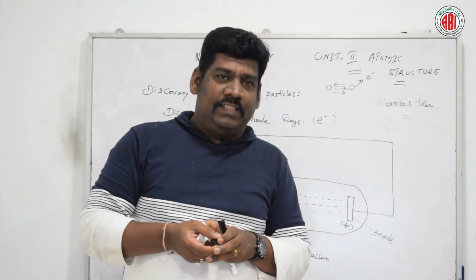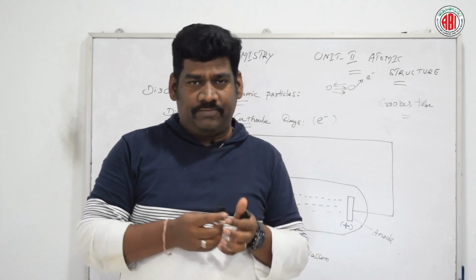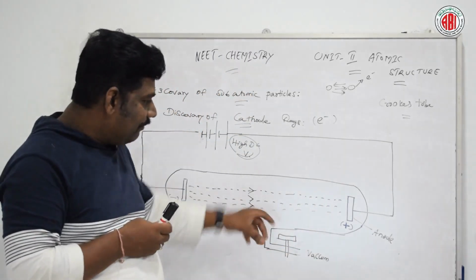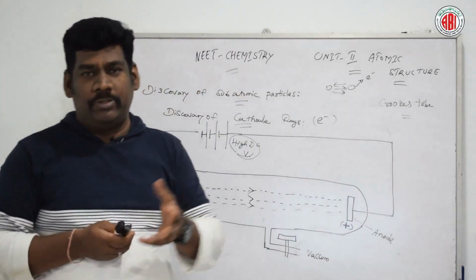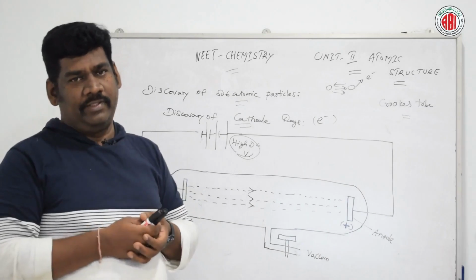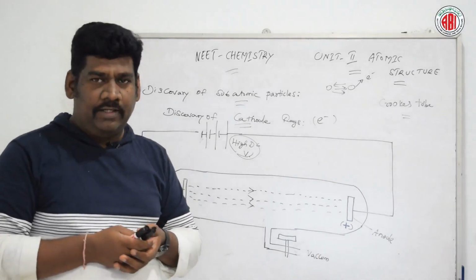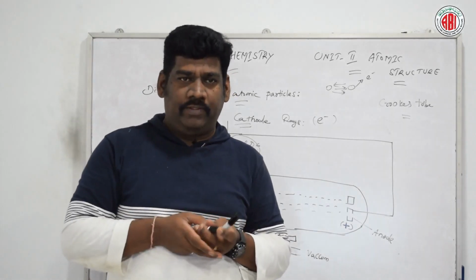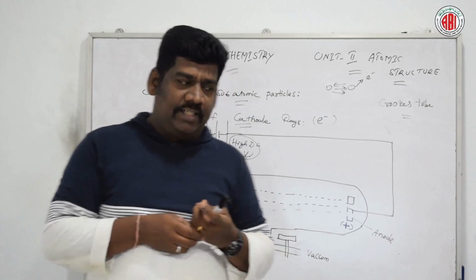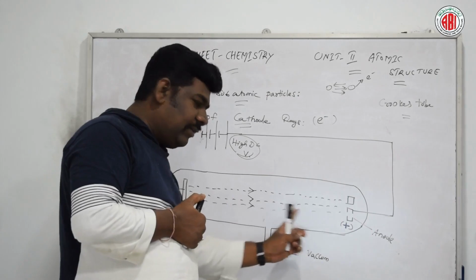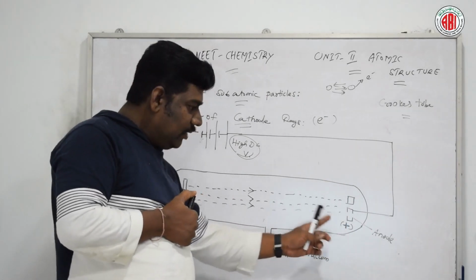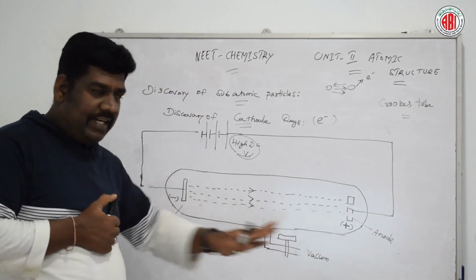And these cathode rays, how could we confirm? In this experiment, only cathode rays are produced. It is very simple. They made a small hole. The rays are moving towards the anode in a straight path, a straight line.